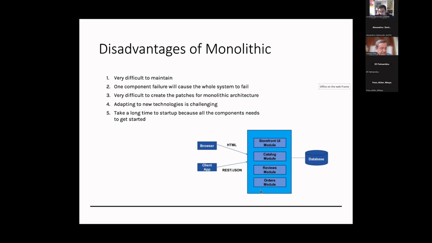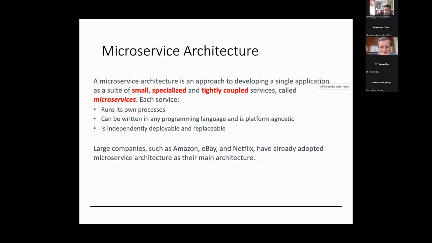That means the entire application needs to be switched off and switched on again with the new software. Of course, this cannot be the cloud computing model. So that's why large companies like Amazon, eBay, Netflix, Google, Microsoft adopted the microservice architecture.